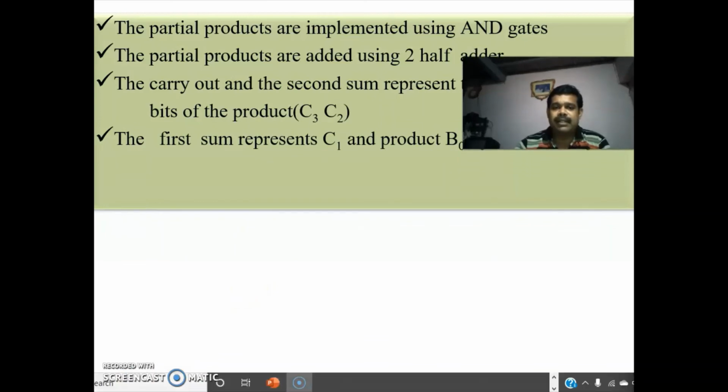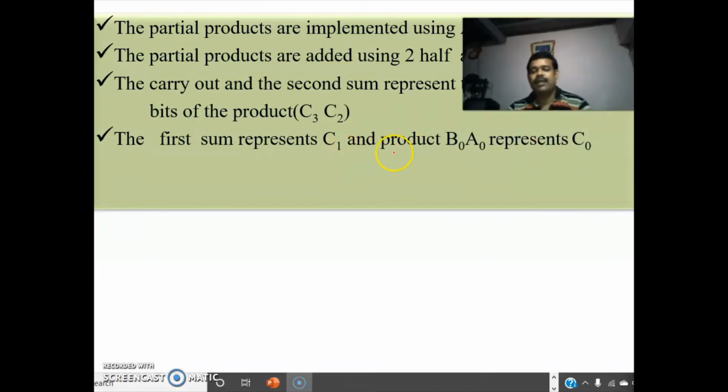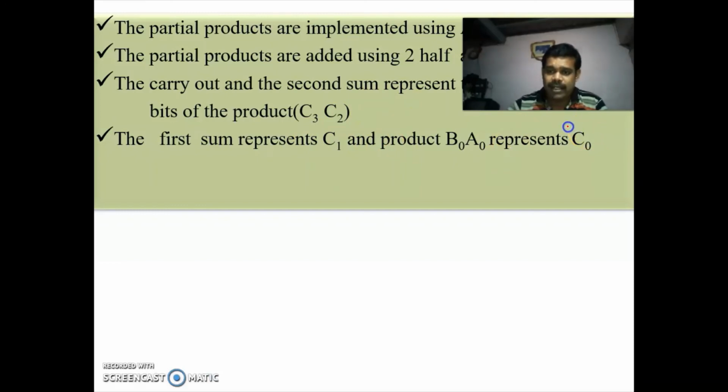Then the first sum represents C1 and the product A0 B0 represents C0. So totally we'll be getting a 4-bit product. In that, C0 is nothing but A0 B0, the first sum is C1, and the carry out and the second sum are C3 and C2.